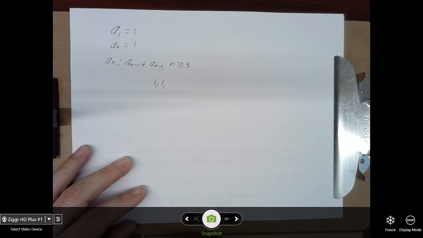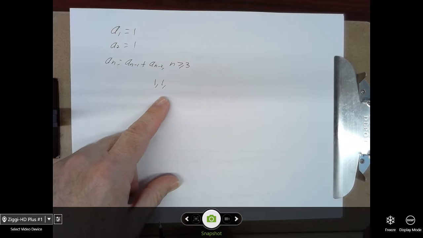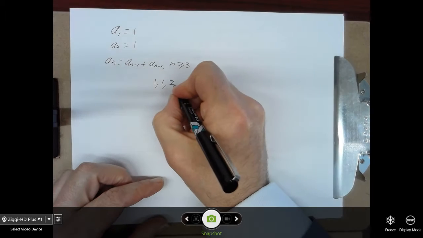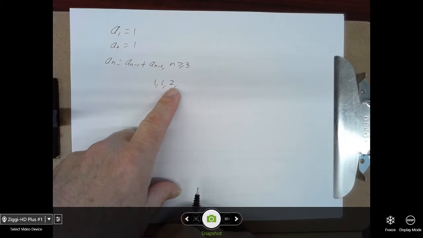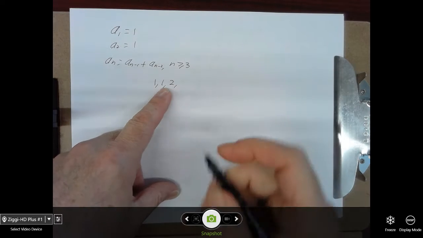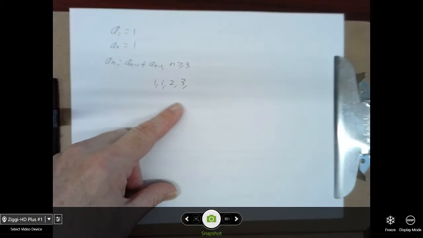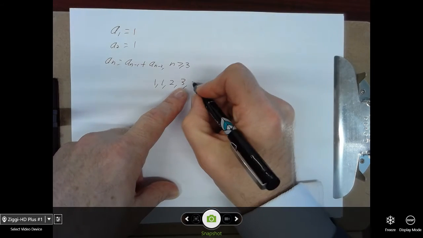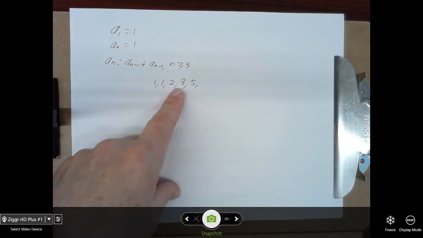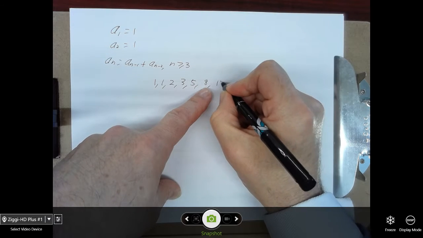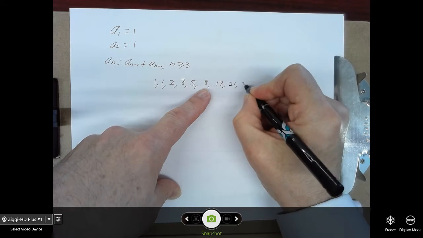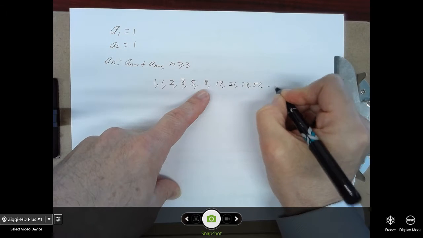The third term is the sum of the first two terms, which is 2. The fourth term will be the sum of terms 3 and 2, so 1 plus 2 is 3. The next term will be the sum of 2 and 3, is 5. The next term is 3 plus 5 is 8, and then 5 plus 8 is 13, 21, 34, 55, and so on.